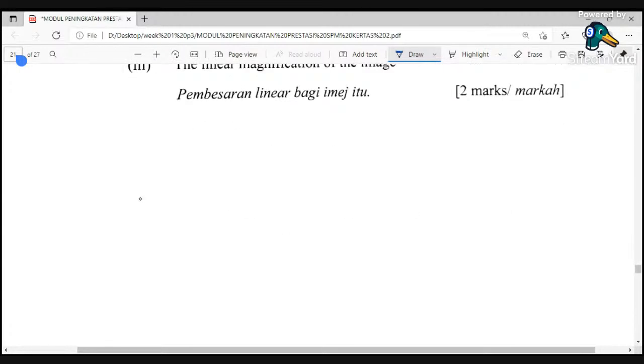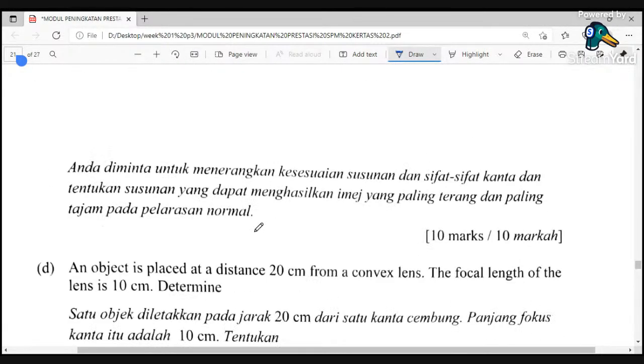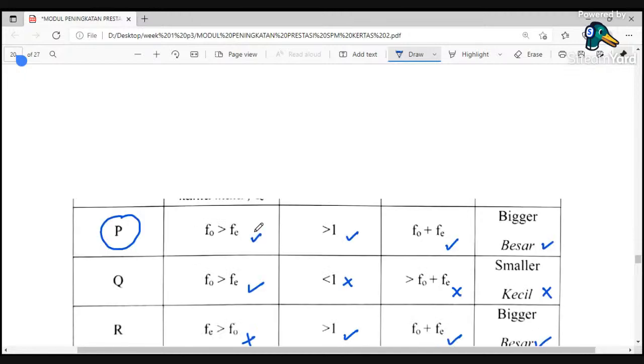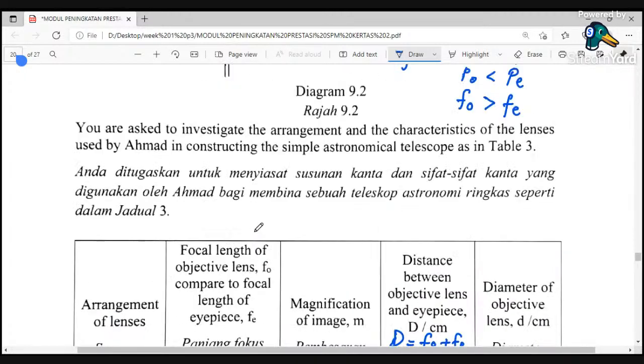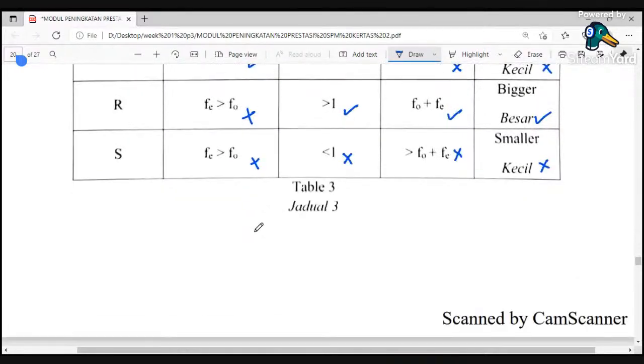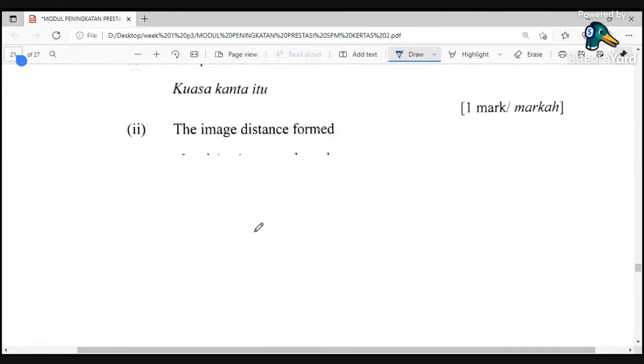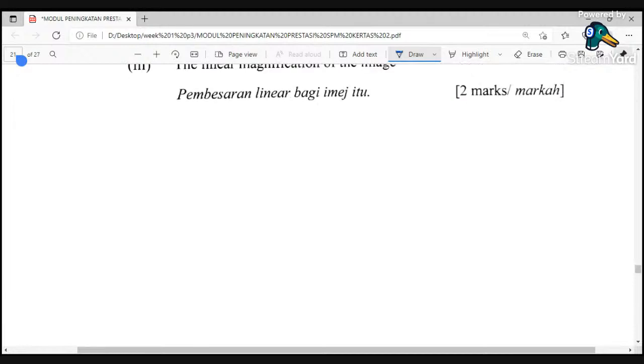I will write the answer here. This is part C, write in table form. It is advisable to write in table form, because if you make a table, you will see your answer more clearly.